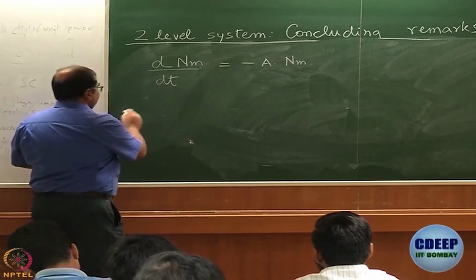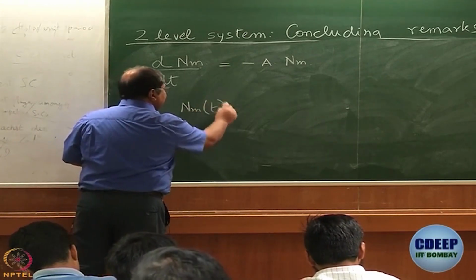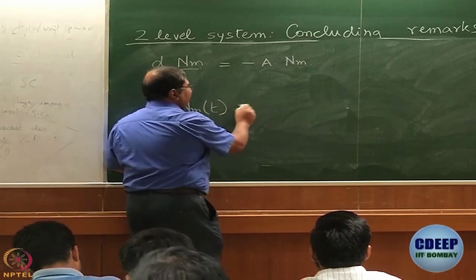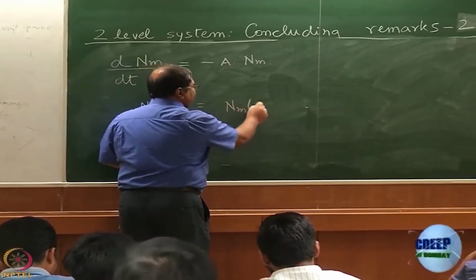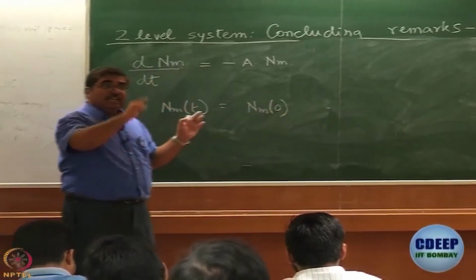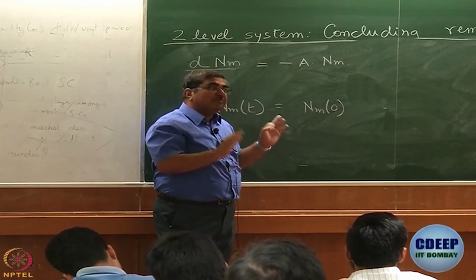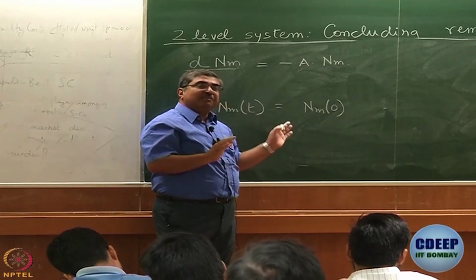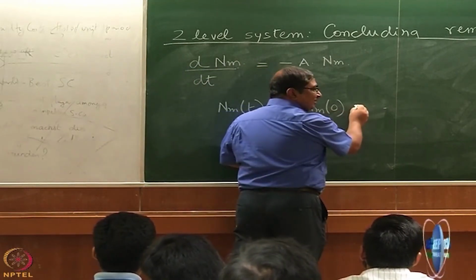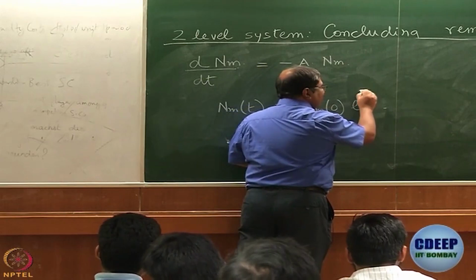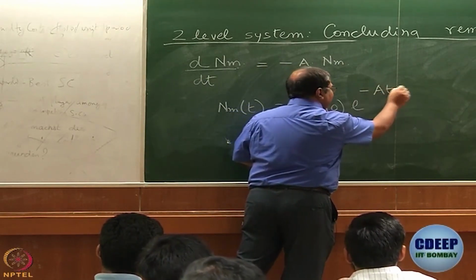Nm, I'll just write t explicitly now, at t, is equal to Nm at time 0. Don't forget, in this case, time 0 is the instant at which I have switched off the light. So there is some population in the excited state. I call that population Nm at time 0, multiplied by what? e to the power minus A t.